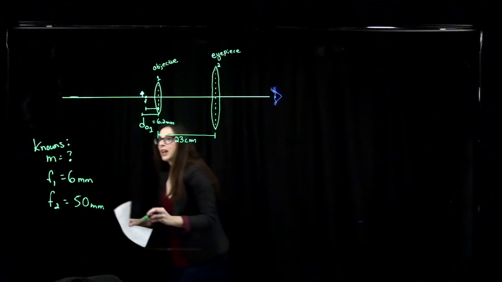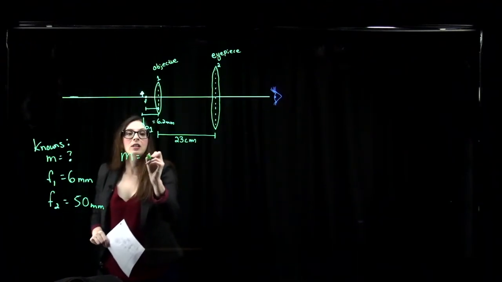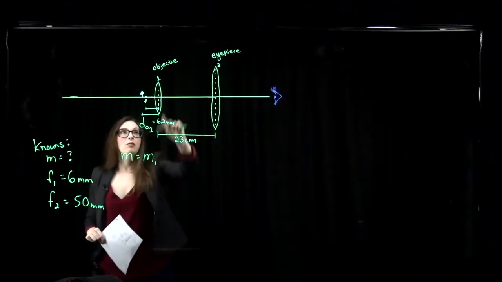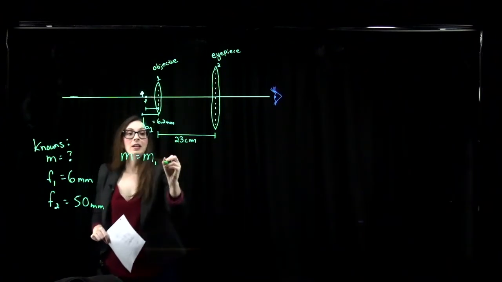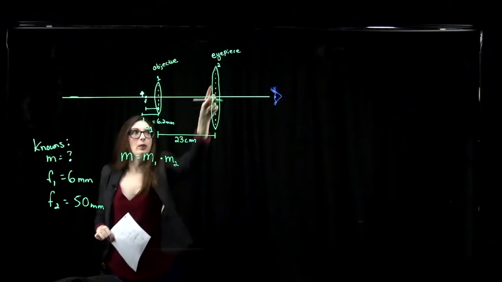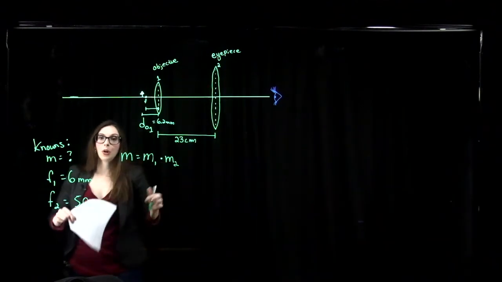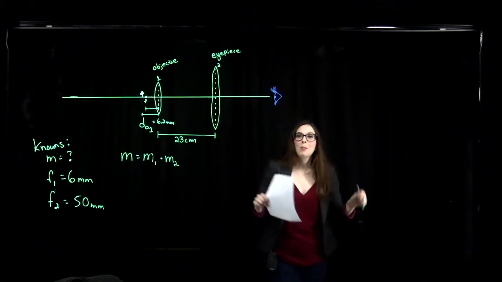The magnification of a compound system is just the magnification for the first lens times the magnification for the second lens. So we have to find the magnification for each lens and multiply them together.